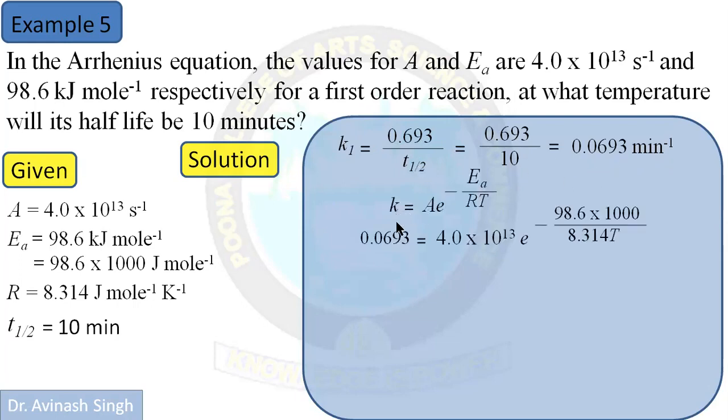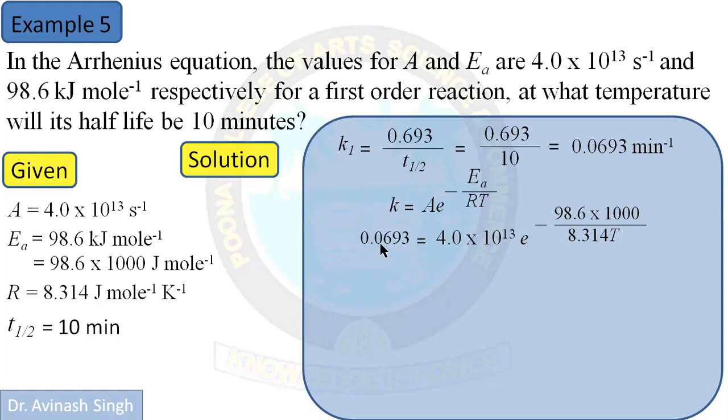Now this is the Arrhenius equation. I substitute this value here. 0.0693 is equal to, A value comes here, 4.0 into 10 raised to 13, e raised to minus 98.6 into 1000 because energy of activation has been converted into joules by multiplying by 1000. Then 8.314 because this is in joules, so R has to be taken as 8.314. We don't know the value of T, so T appears as such.